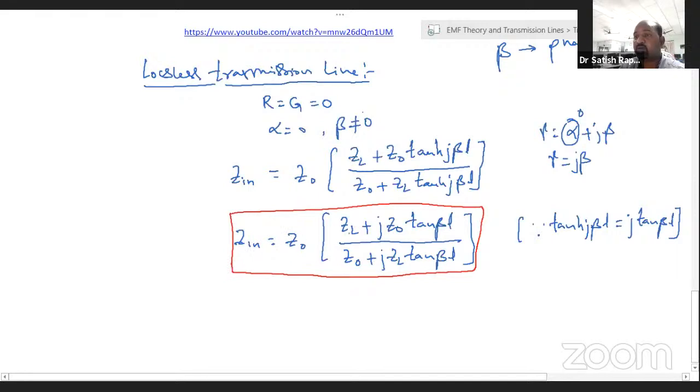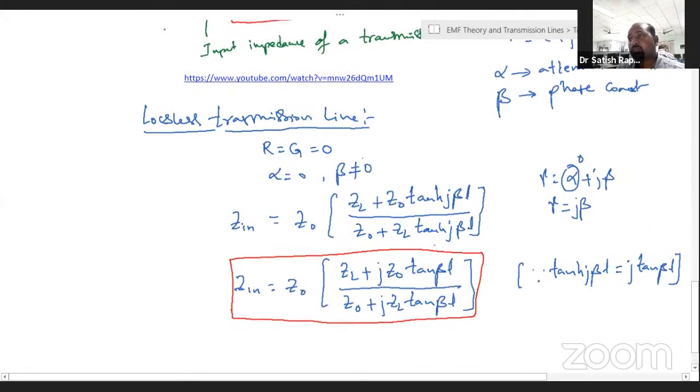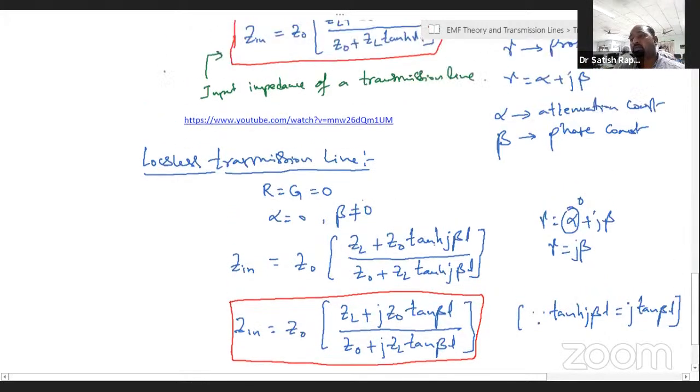Zin is equal to Z0 (ZL plus j Z0 tan beta L) by (Z0 plus j ZL tan beta L). So is it clear till now?